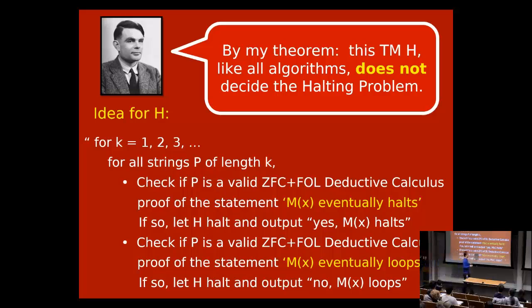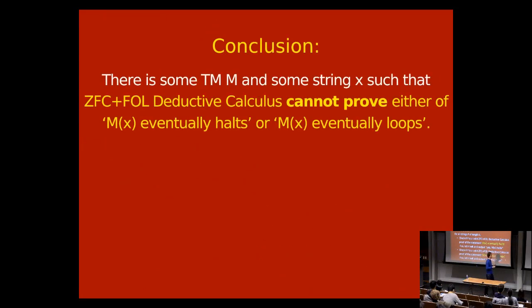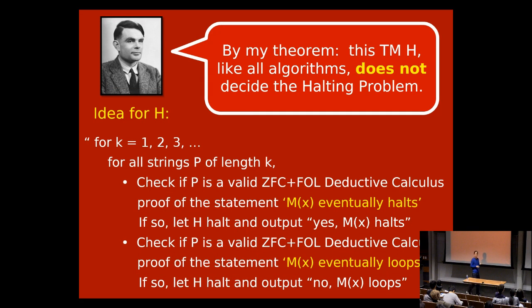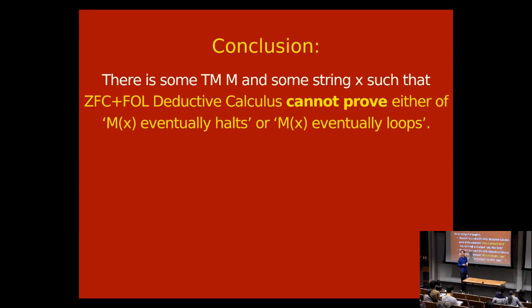That's the reason why this would not solve the halting problem. So what does that mean? It means there must be some input to this algorithm. Remember, an input is a piece of code M and a string x, where this algorithm fails to solve the problem, and basically that means it gets into an infinite loop, which in turn means it doesn't find a proof that M of x halts, and it doesn't find a proof that M of x loops.